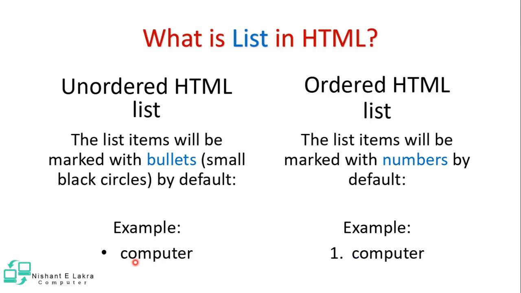In an unordered HTML list we use bullets, and in an ordered HTML list we use numbers, by default, to mark the lists. I hope you have understood this about lists in HTML. These two are the common lists in HTML: unordered HTML list and ordered HTML list.